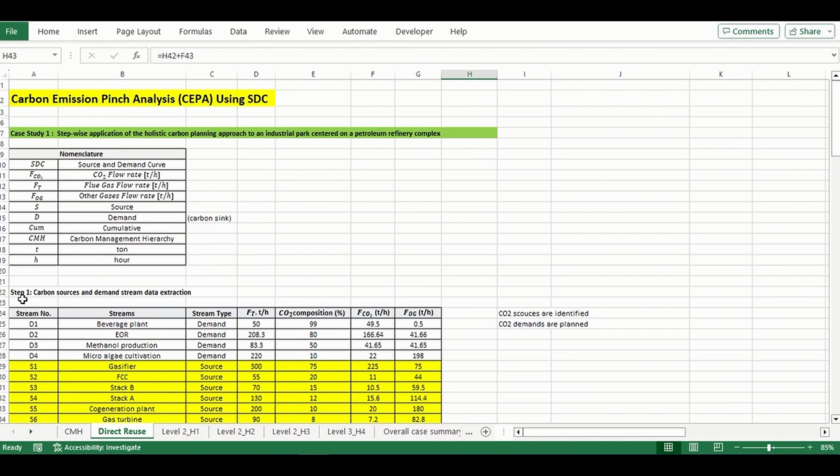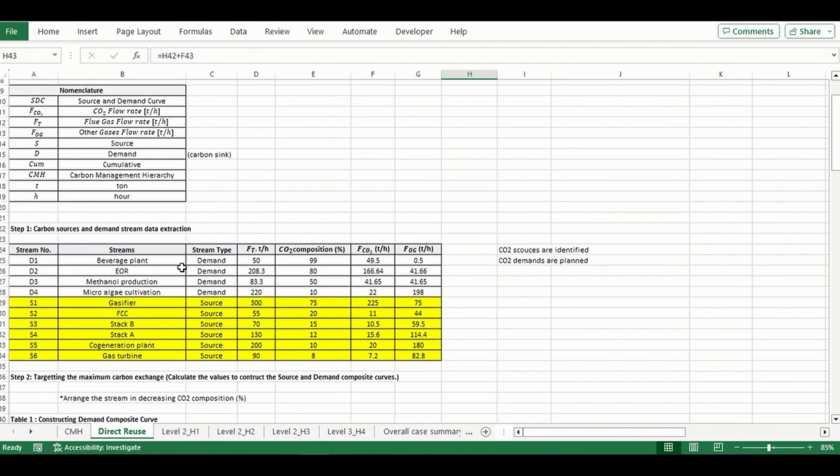For step 1, the carbon sources and demand stream data extraction, we have identified the CO2 sources and CO2 demands planned in the journal review paper. From the paper, we identified 6 CO2 sources and 4 CO2 demands. The demand streams are beverage plant, EOR, methanol production, and microalgae cultivation.